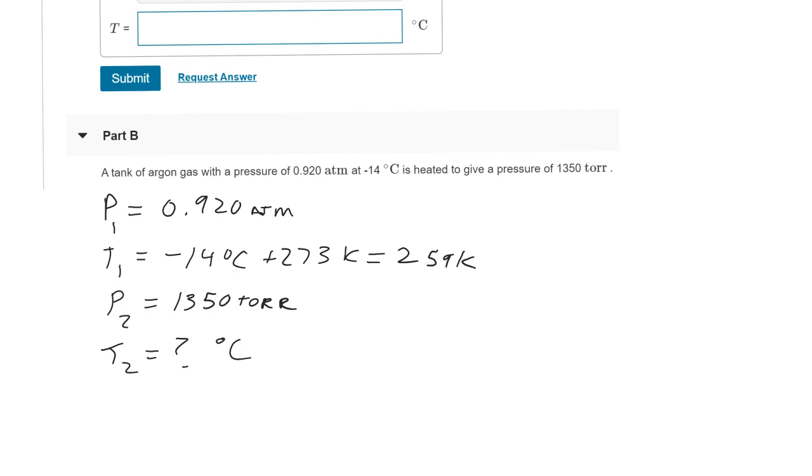You can convert atm to torr or torr to atm. I'm going to convert torr to atm. 760 torr, 1 atm, and that's going to give me 1.776 atm.